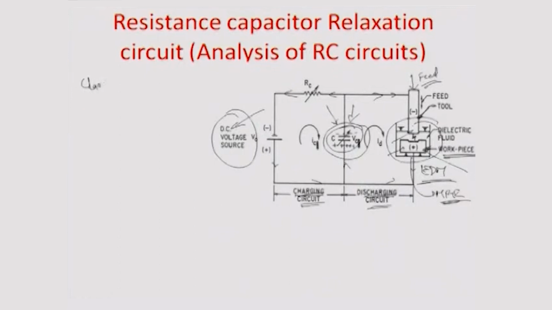The charging voltage in this particular case is V0, given by this source voltage here, and let us assume that the charging current in this particular case is some value IC(t). We write it as a function of t because there is of course a time component.